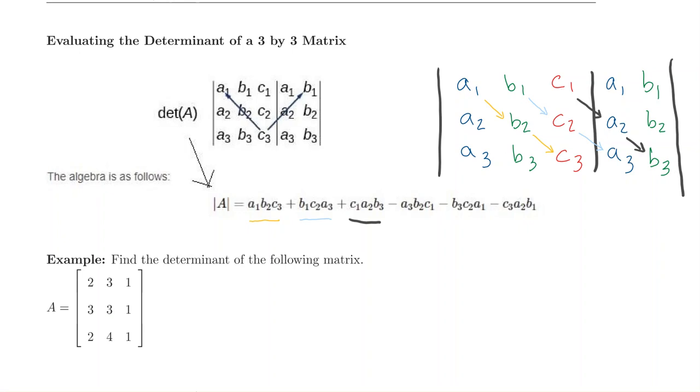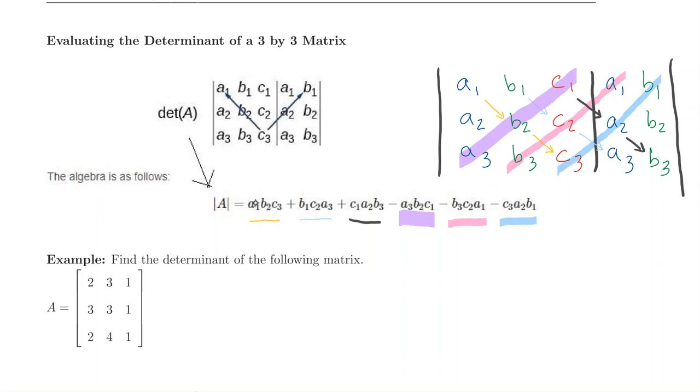So our next term can be found by A3 times B2 times C1. So minus that, minus the next diagonal on the way up, B3 times C2 times A1. So subtracting that, minus our final term, C3 times A2 times B1.